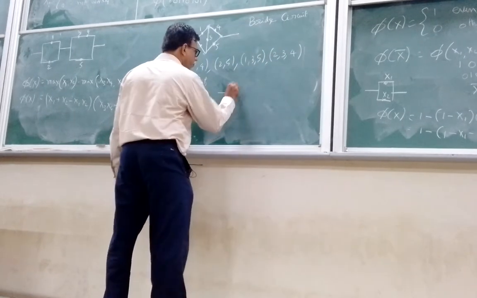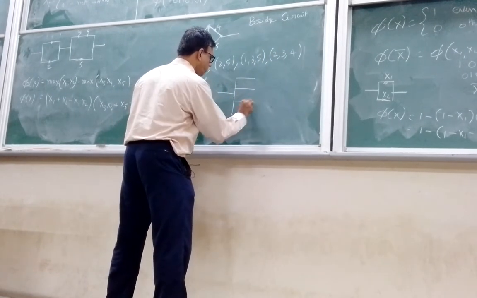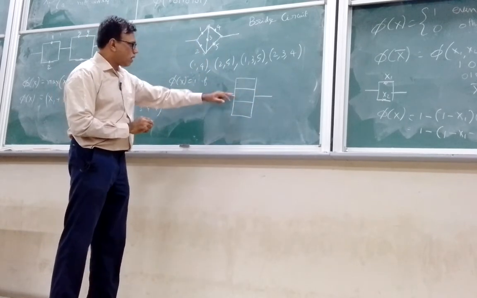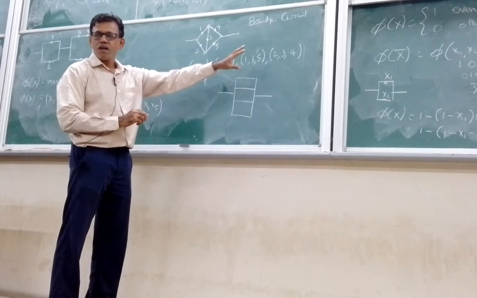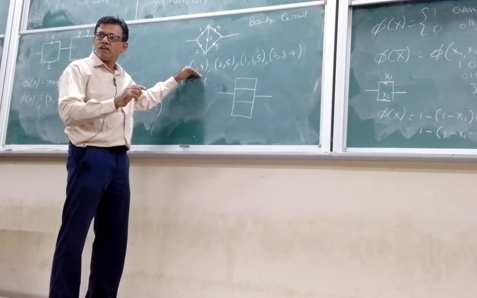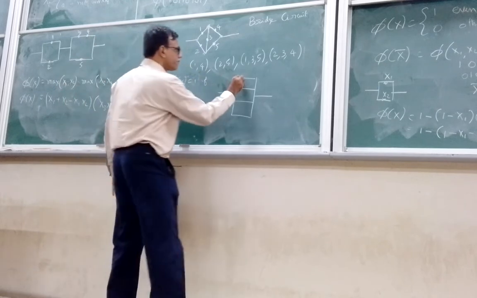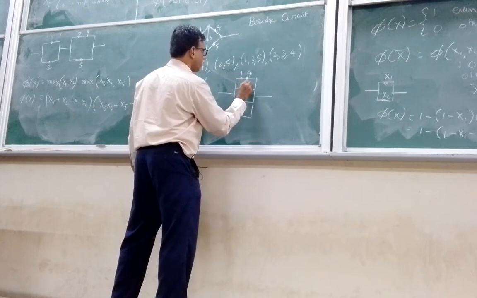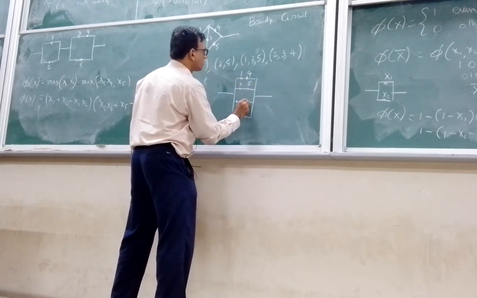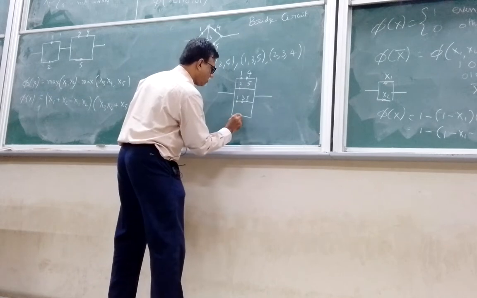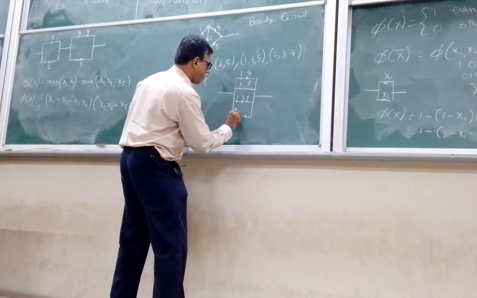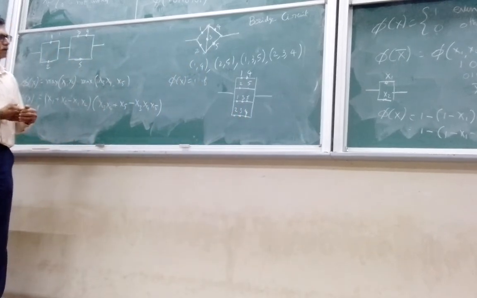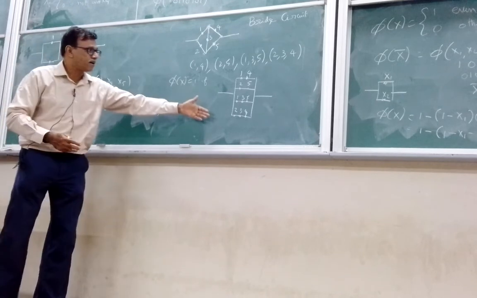So I can view it as a parallel system. Each one is one of these sets. In each of these sets, the components are in series. So this way I can write it.